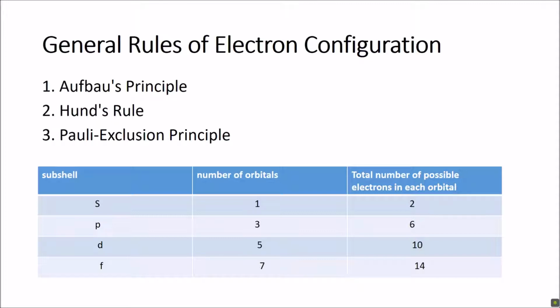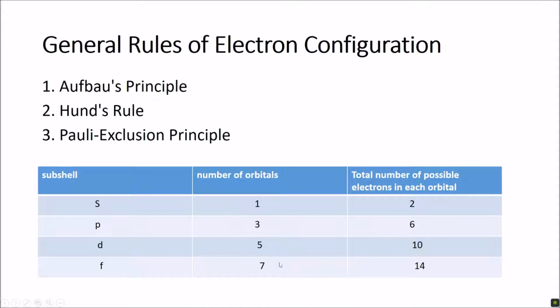For example, we know that only 2 electrons can occupy one orbital, and that the s subshell has only 1 orbital, the p subshell has 3 orbitals, the d subshell has 5 orbitals, and the f subshell has 7 orbitals.